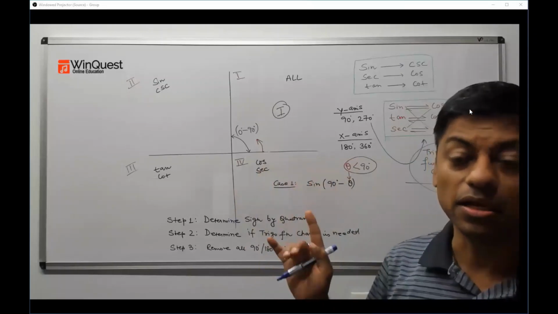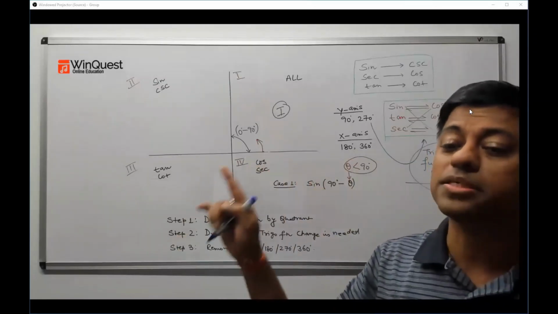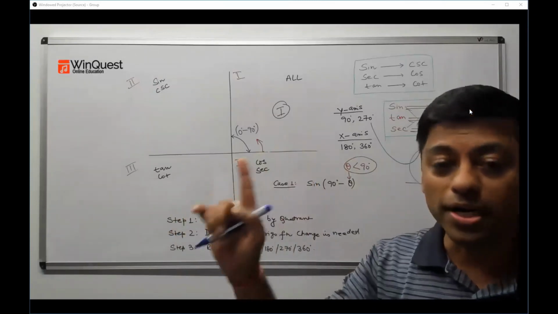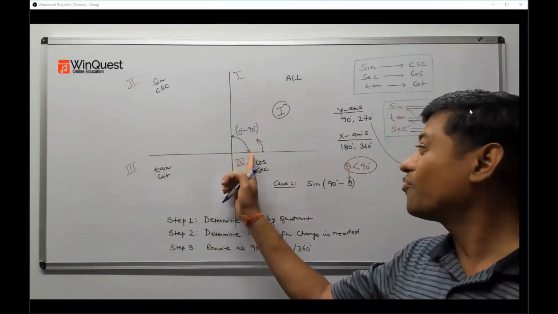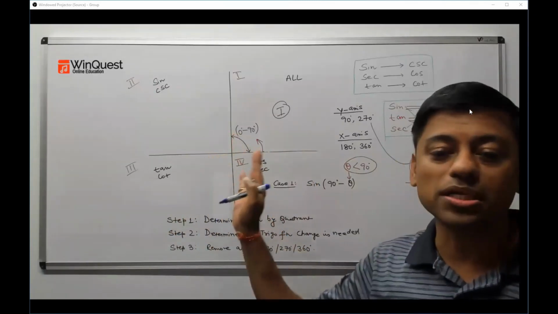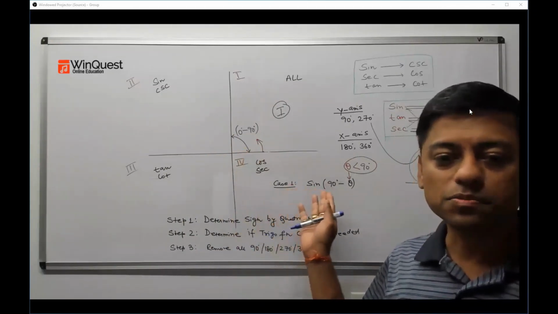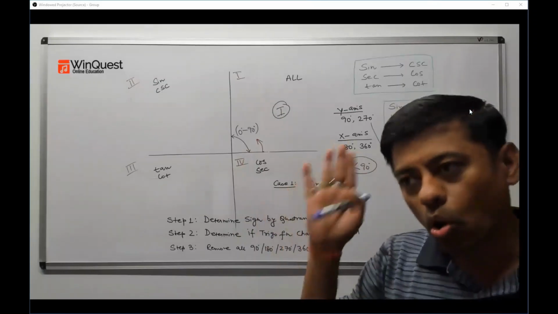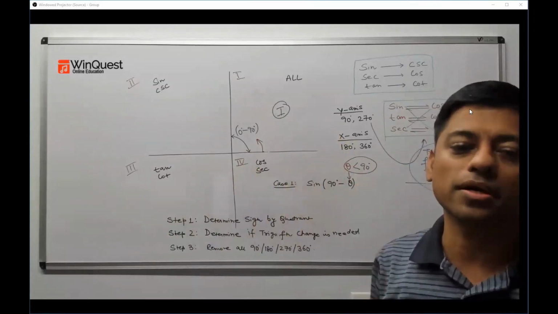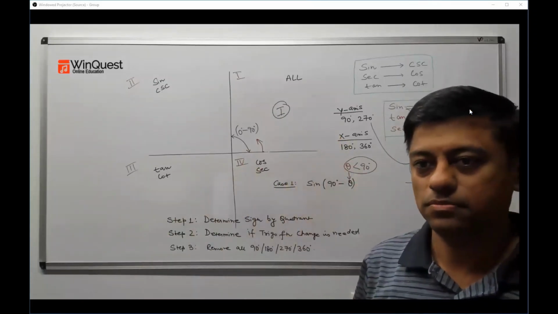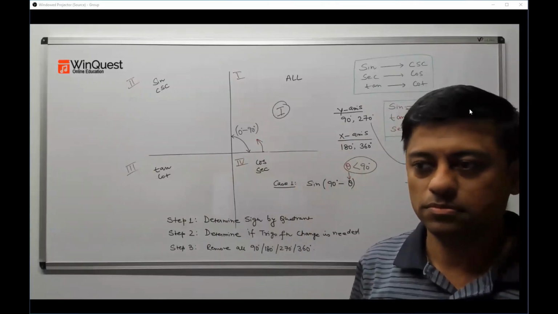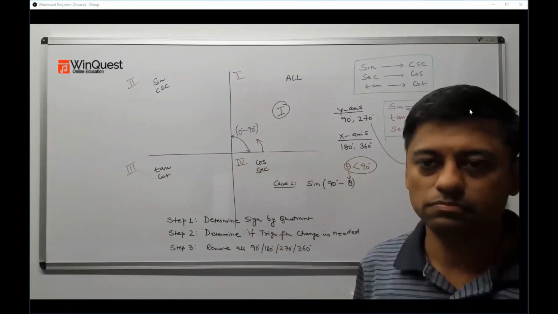But still 90 degrees minus 89 degrees means 1 degree. And from here to 90 degrees, the total is the first quadrant. So can I say that in this scenario, it will always be lying in the first quadrant? Yes.